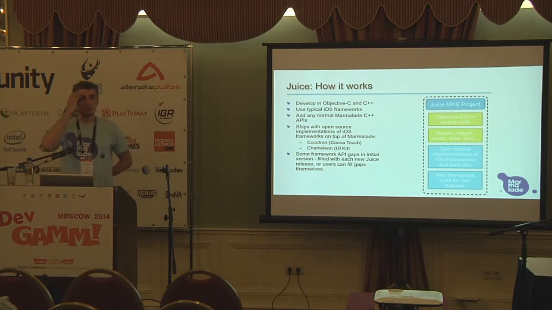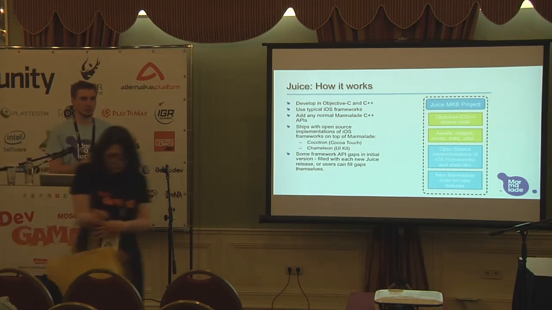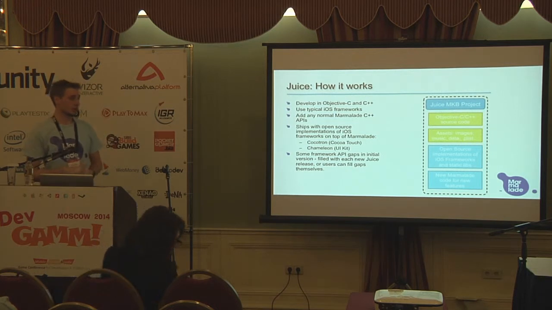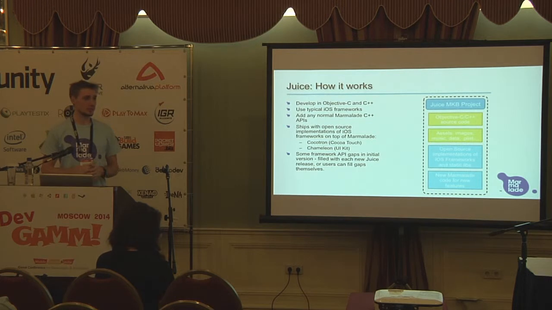So we need to fill gaps in APIs. What we now have is maybe 60–70% coverage of the APIs available on iOS 7, which you may think is not enough, since the number is quite low.